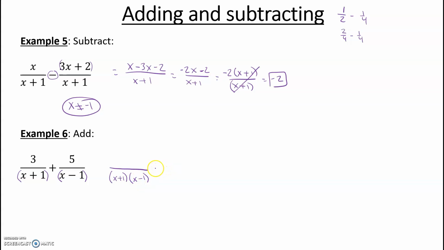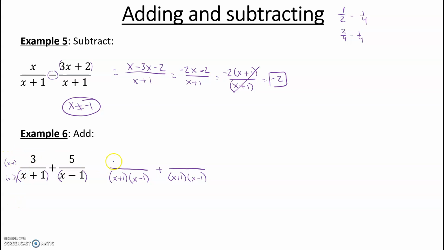You gotta have both. In order to get that common denominator, you have to see what you added. So here we already had an x plus 1. We multiplied by x minus 1. So we have to do it to top and bottom. So we have to multiply bottom and top by x minus 1.